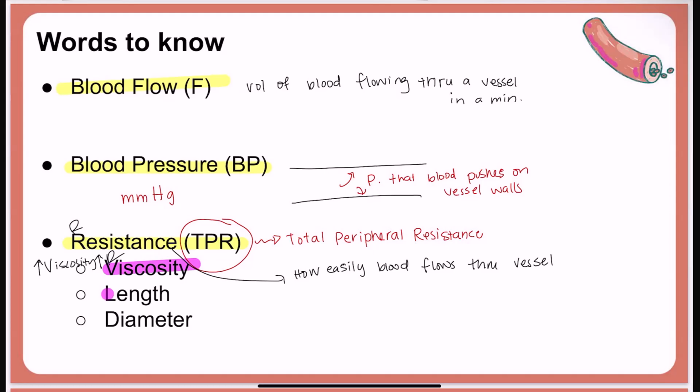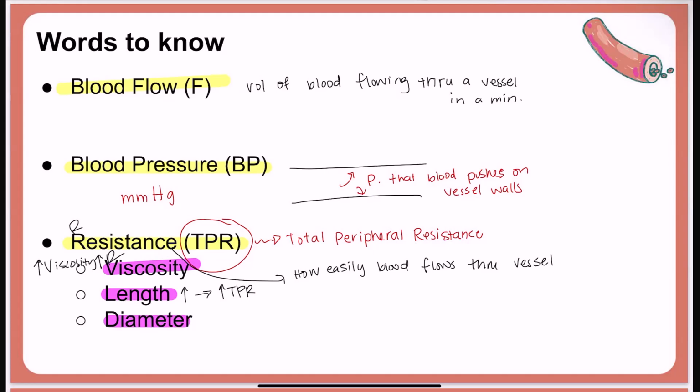The next one that we'll talk about is length, how long that vessel is. The longer, so increasing length, that leads to more TPR, more resistance. And growing our vessels happens as we grow. As we grow up, we increase the length of our vessel. So TPR would increase as we grow. Okay, and then lastly is diameter. Diameter is how big or how small that lumen of the blood vessel is.